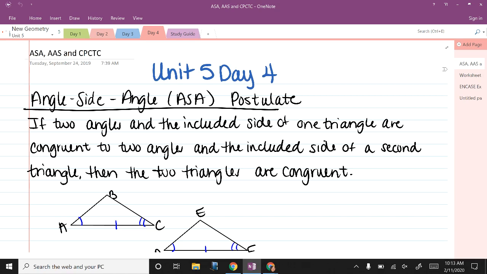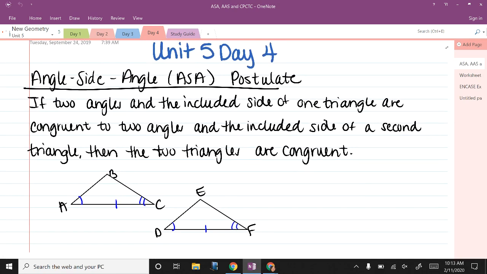So this is like side, angle, side, but this time it's a side between two angles. Do y'all see the difference? So it's angle and then the side between them and then another angle. So in this figure that's on the screen, angle A is congruent to angle D, and angle C is congruent to angle F, and the sides that are congruent to each other are the segments DF and AC, which are between the two congruent angles.